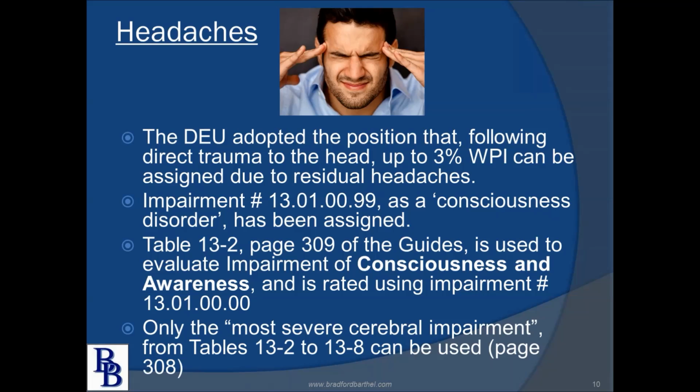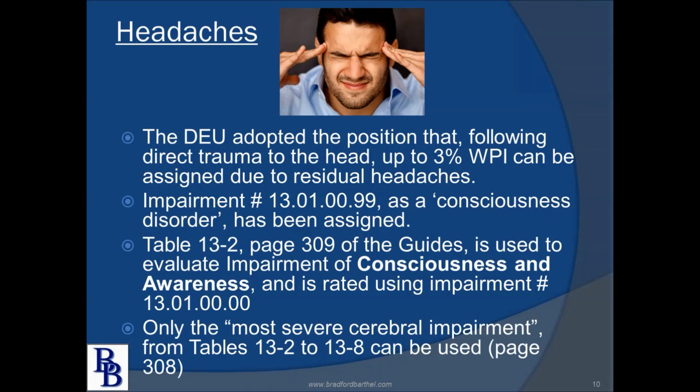Well, it turns out Table 13.2, page 309 of the AMA guides within chapter 13, is used to evaluate impairment of consciousness and awareness, and that also uses impairment number 13.01.00. And one of the instructions within chapter 13 is that only the most severe of the cerebral impairments should be used.